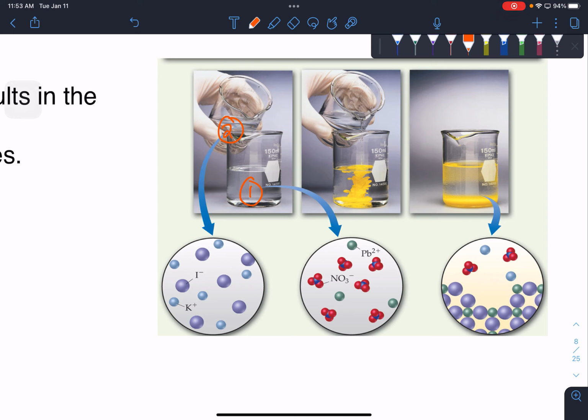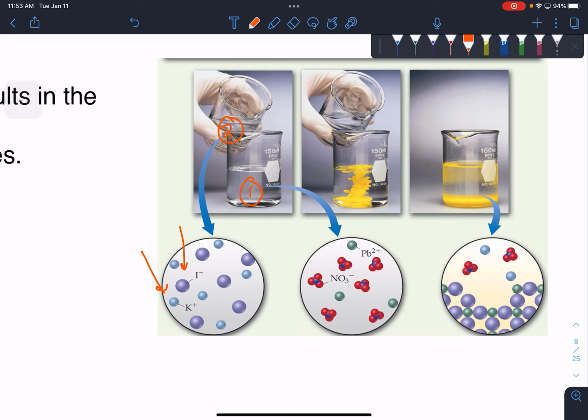What we know about these clear and colorless solutions is that the cations and the anions are just free floating in those solutions. They're not bound up together. There's no solid sitting in there.